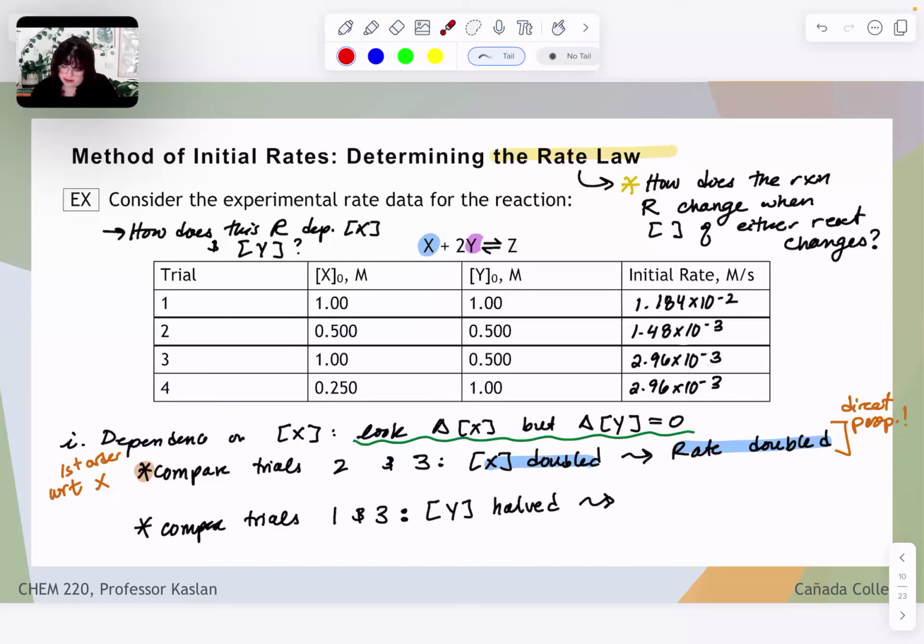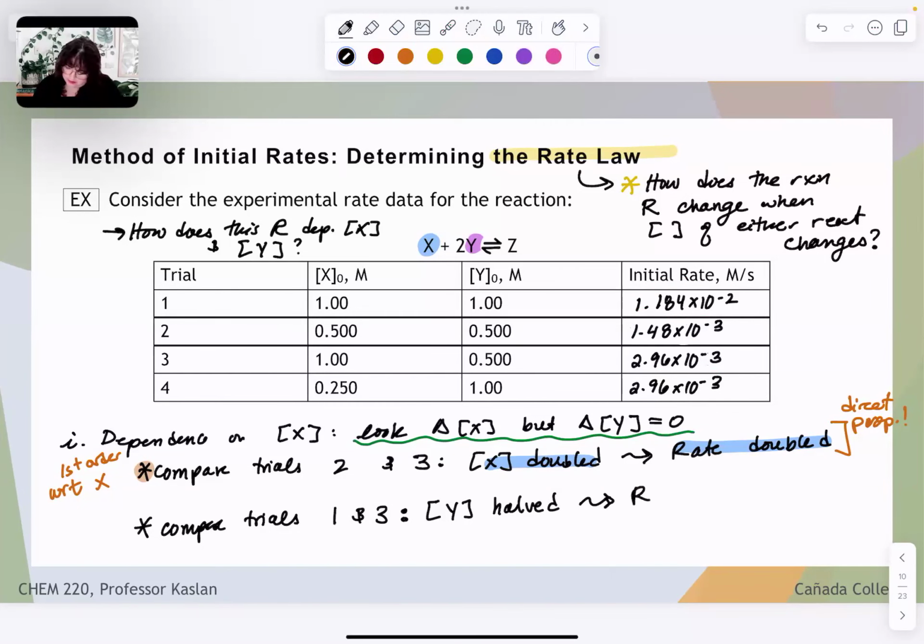And we are going to compare that just by taking a ratio to the 2.96 times 10 to the negative 3 molar per second rate. Okay, when I do that, I get a 4-to-1 ratio, meaning that when Y was halved, notice this is a bigger number, this is a smaller number, 4-to-1 ratio.